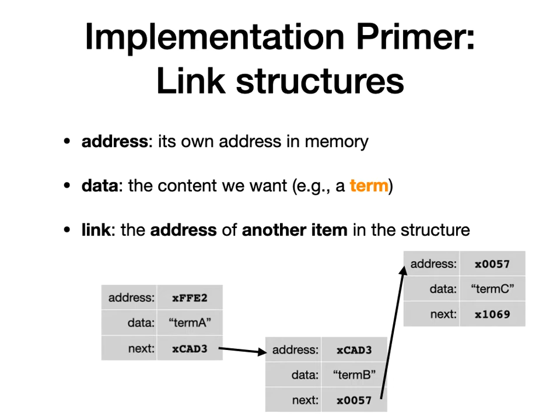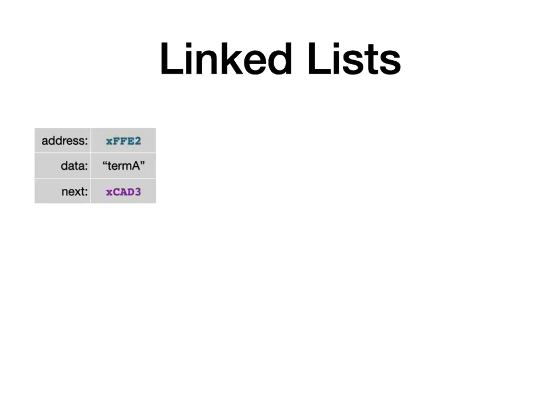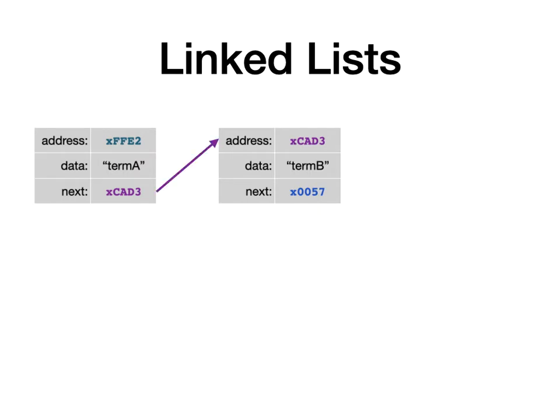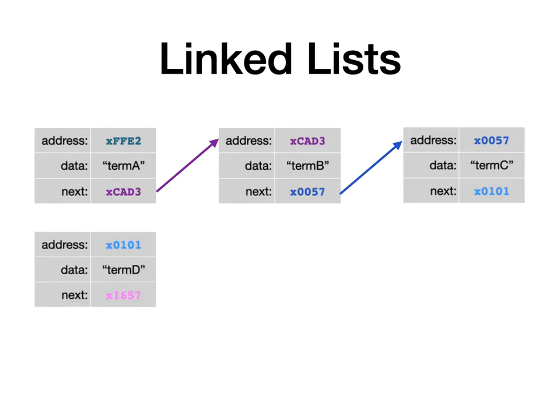So let's look at a longer list. Here we have FFE2, term A, again, CAD3. Well, that links together. The link between these two creates a list. This is no longer just two terms floating in memory, but now they are linked terms. We can link another. Continue linking.